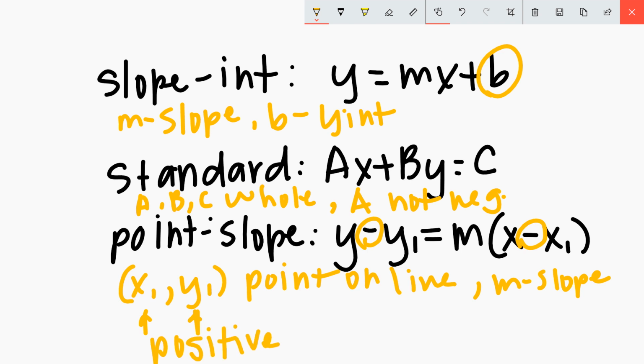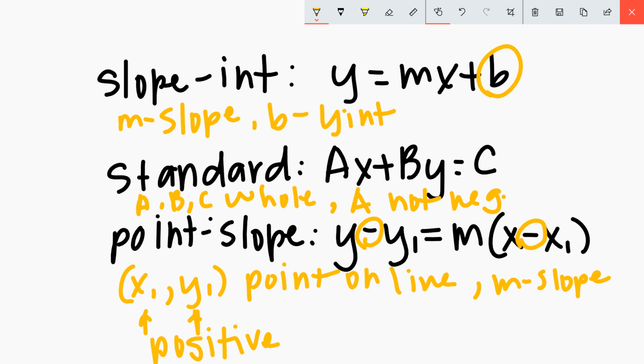Okay, I know that sounds weird, but since our original equation says y minus y1 and x minus x1, that means if our coordinates are negative, they would change to addition signs. So that's where it gets a little bit tricky there. All right.